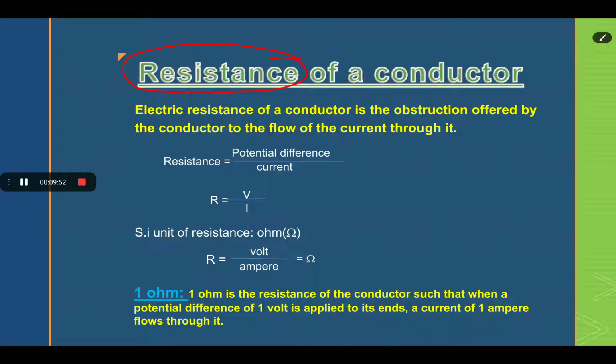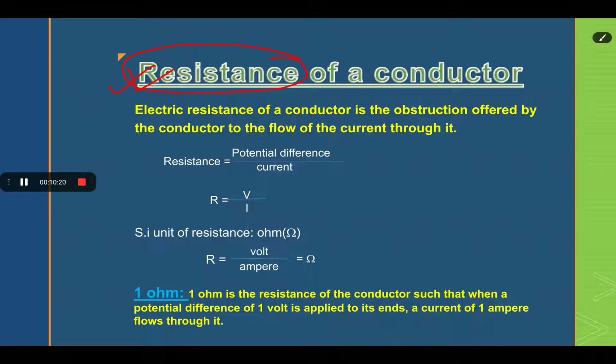So the generalization is that the continuous flow of any substance faces opposition due to various reasons. Similarly, the flow of electrons also faces some opposition, and this opposition to electric current is nothing but the resistance.